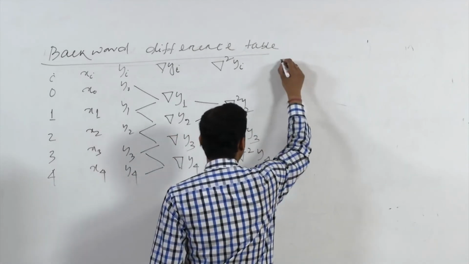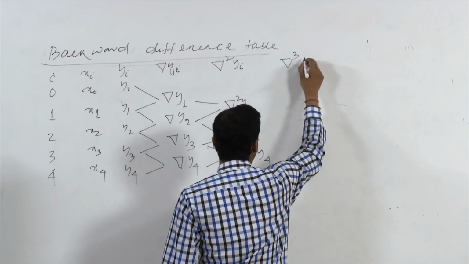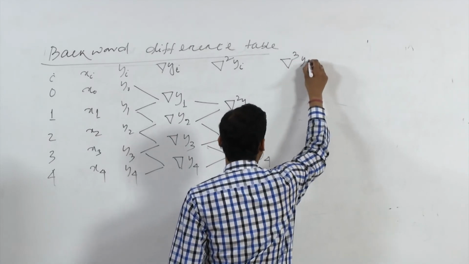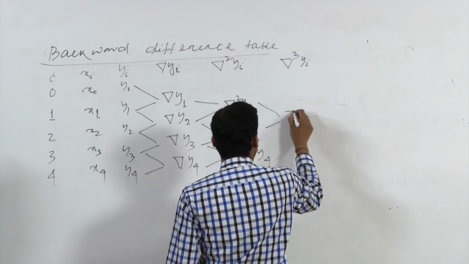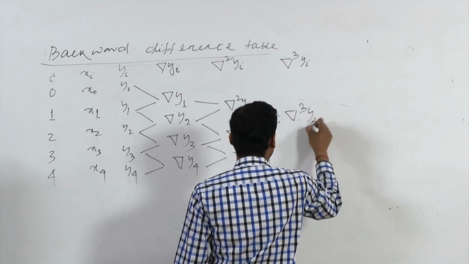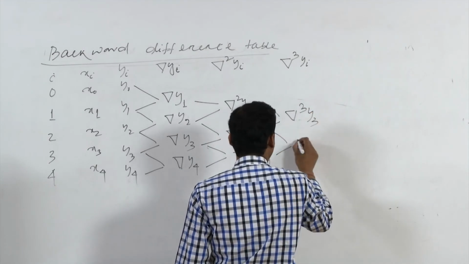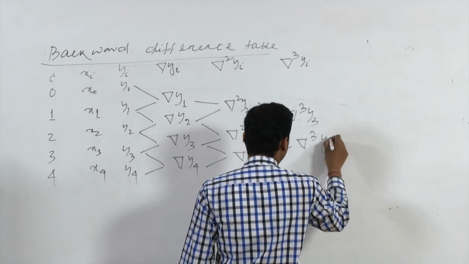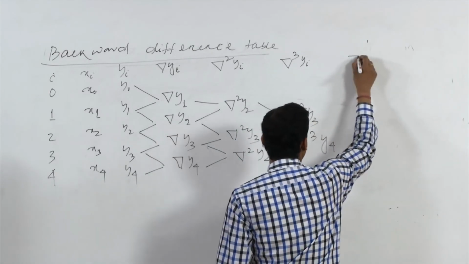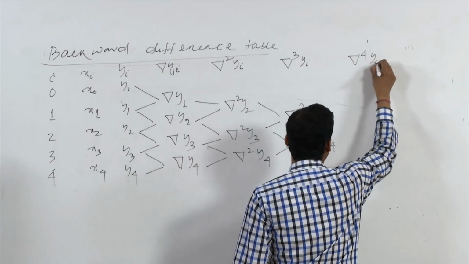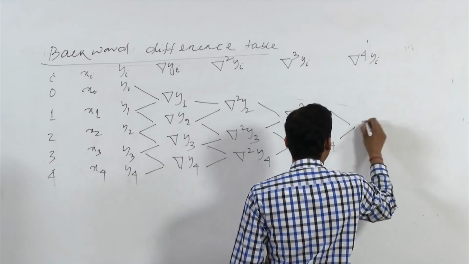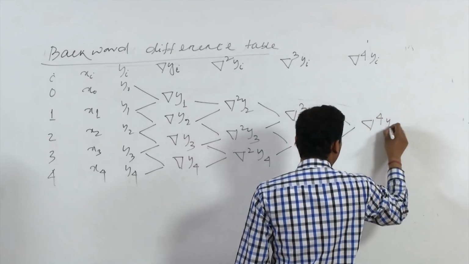If we take again the difference of these two, that is nabla cube of yi, I can write nabla cube of y3 here, then the difference of these, nabla cube of y4 here. And if I write nabla 4 of yi here, then the difference of these two gives you nabla 4 of y4 here.